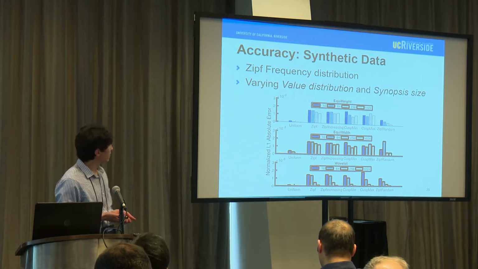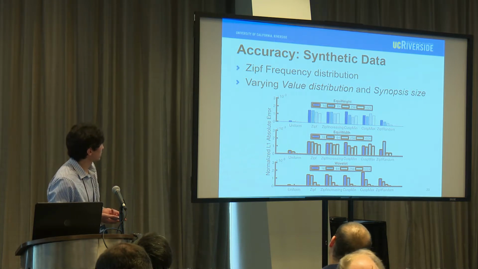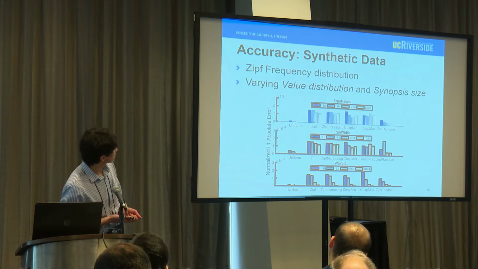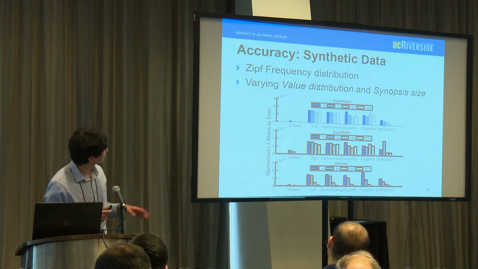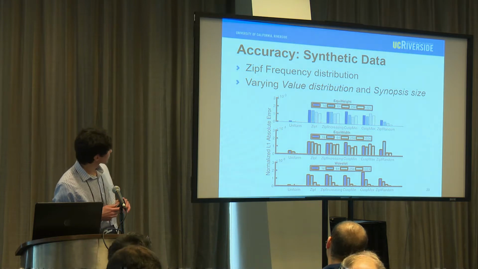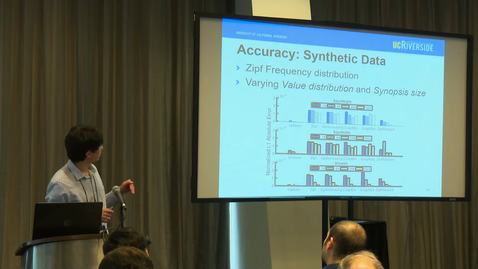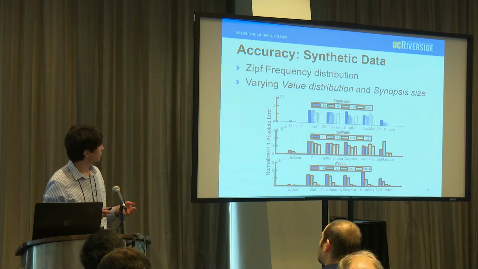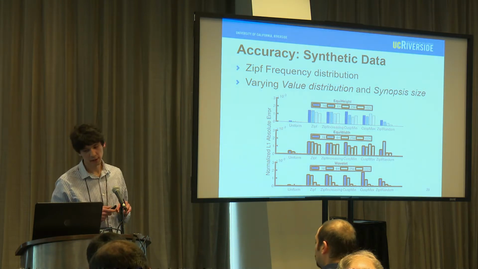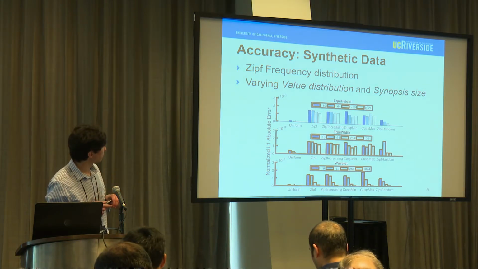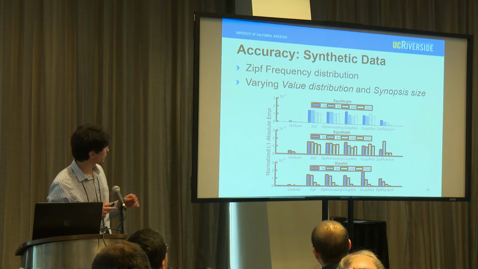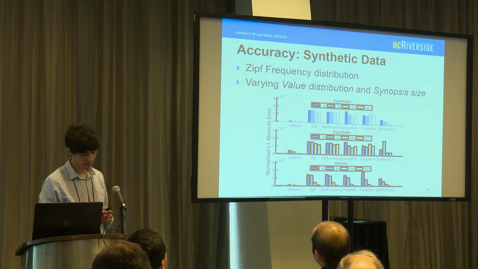And you can see, in a uniform case, pretty much everyone does okay, but in skewed cases, pretty much everything on the right, we can see that if we increase the size of the synopsis, obviously we can get better accuracy, and wavelets tend to do better in those skewed cases if they have enough coefficients.